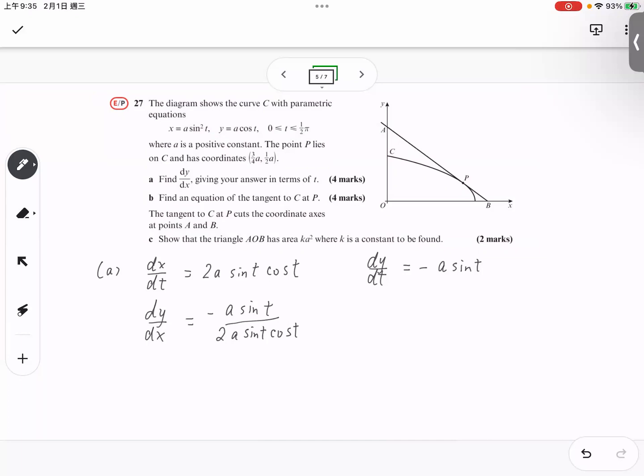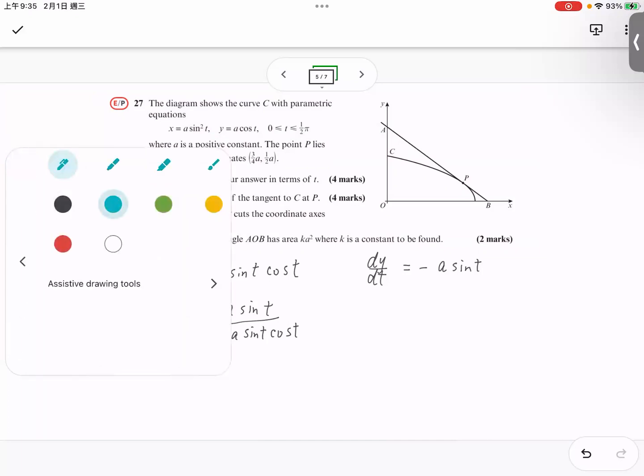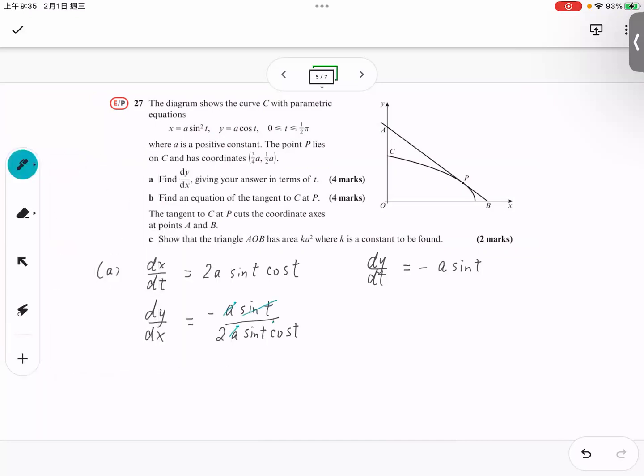So we can cancel a, and we can cancel sine t. The only thing we have is negative 1 over 2 secant t. So this is the answer for part A.